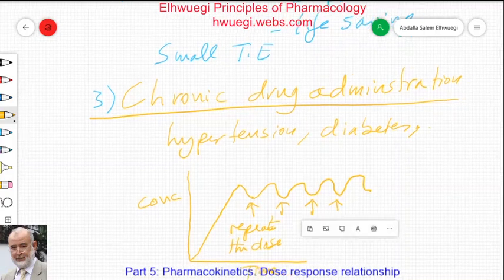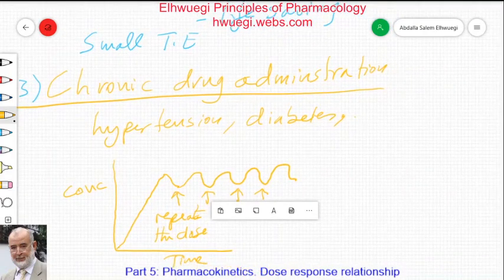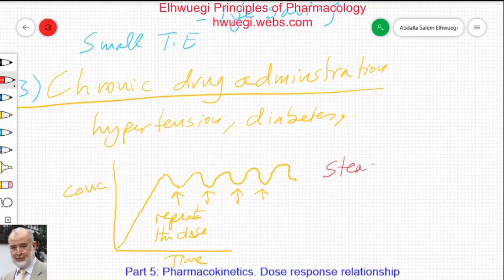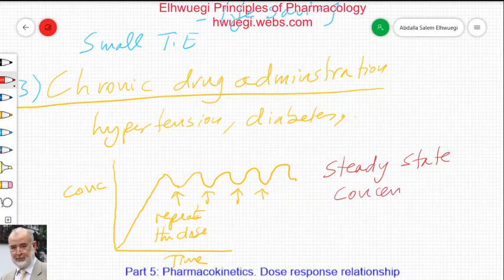This is known as steady state concentration, or CSS, steady state concentration.